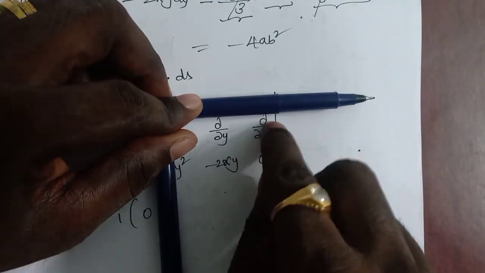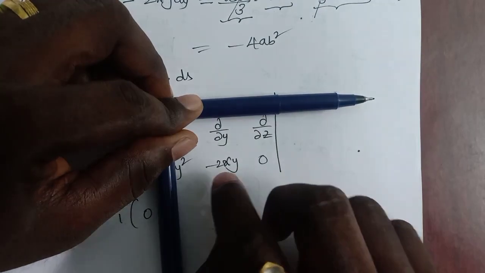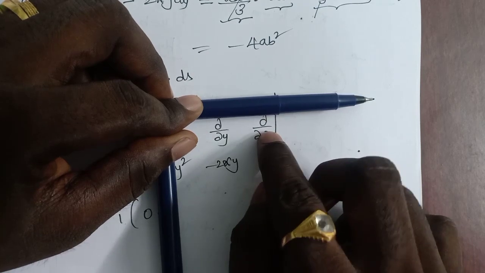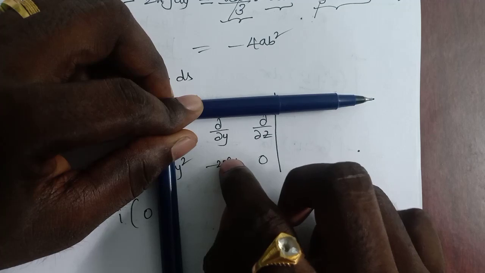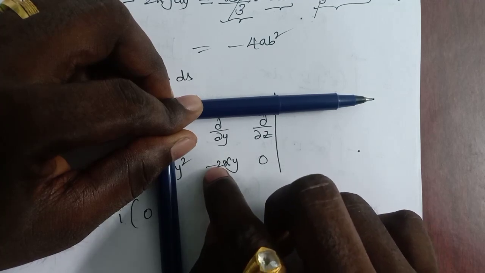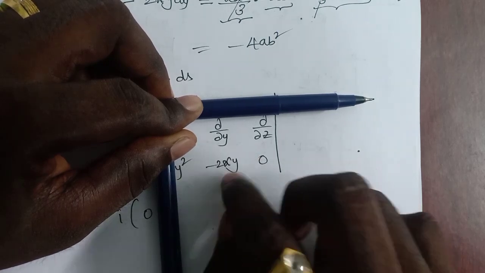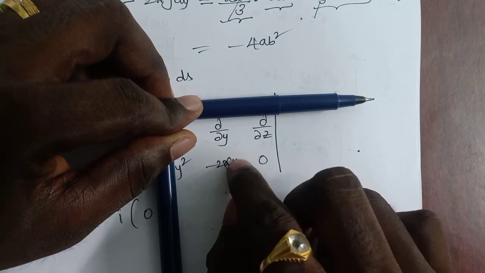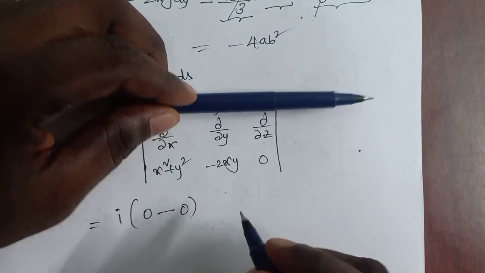So next one is dou by dou z of minus 2xy. If you want to do the partial differentiation with respect to z, treat xy as constant, and here we have minus 2 as a constant, so the complete derivative of minus 2xy is 0.